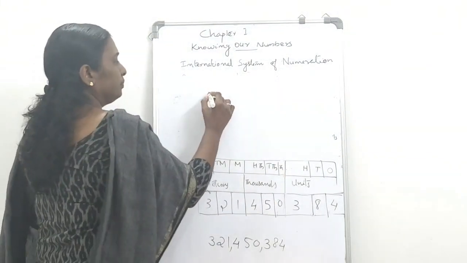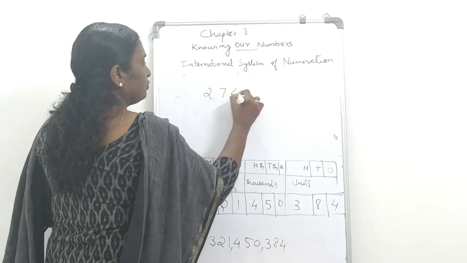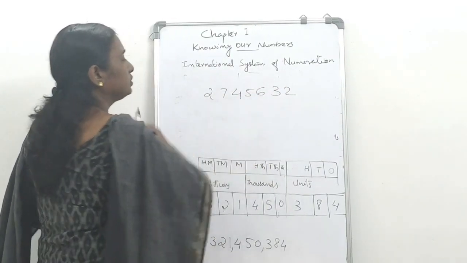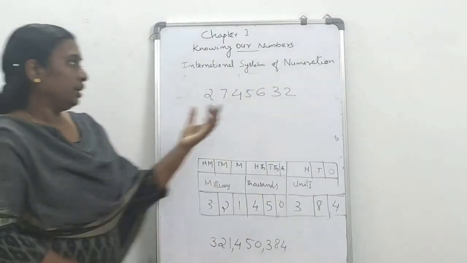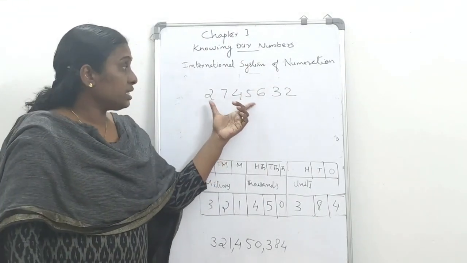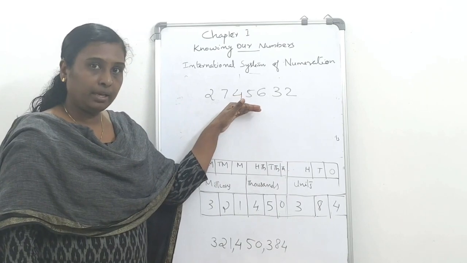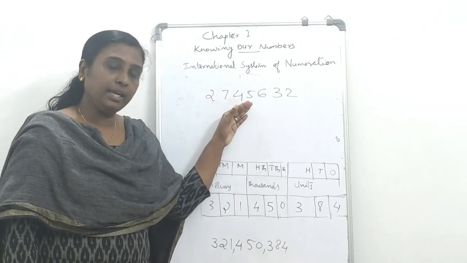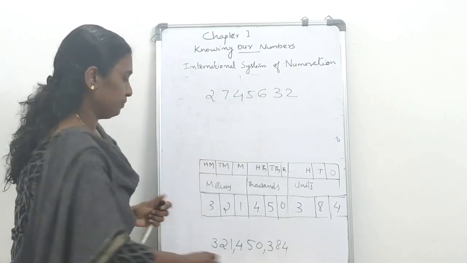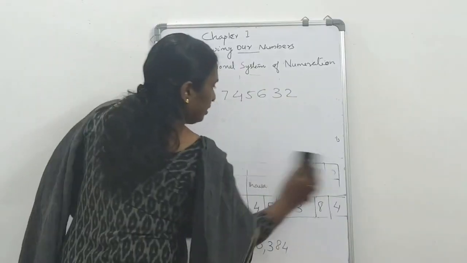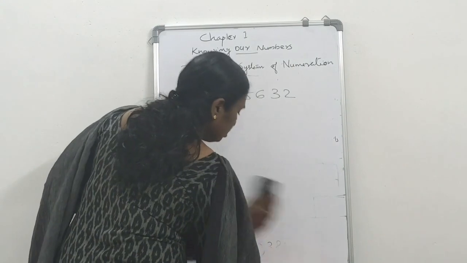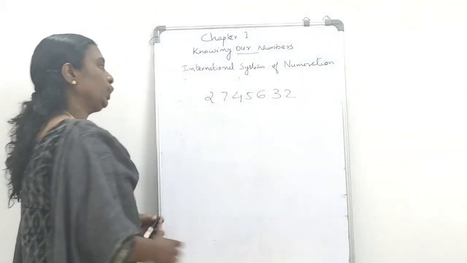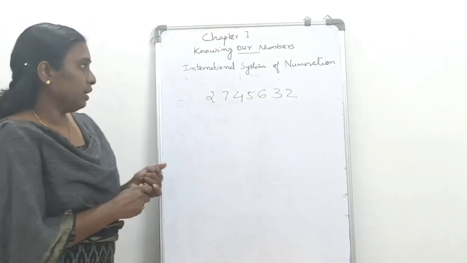Then, consider the number 2745632. In this number, place commas suitably and write this number according to the Indian and international system of numeration. First of all, we can write according to the Indian system of numeration.